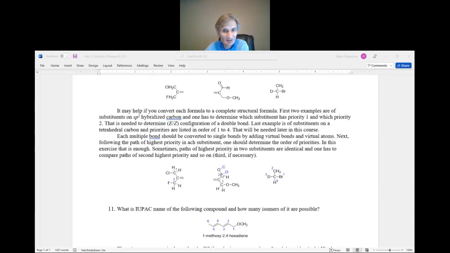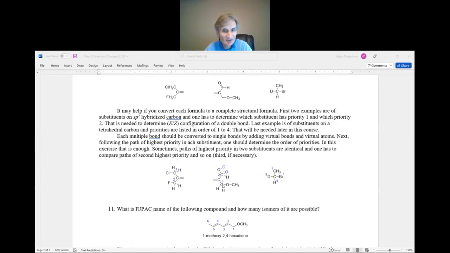We have 2 carbons, the same priority. Then what is the highest priority? Here it's oxygen. Here we have two oxygens. But the top part, carbon, oxygen, carbon, is higher priority than carbon, oxygen, nothing, because a carbon, even though it's virtual, has higher priority than nothing. An atom always has higher priority than nothing. So this is the path of highest priority.